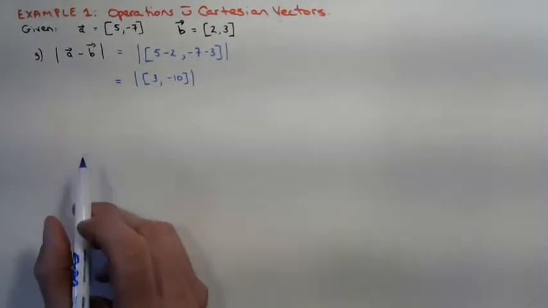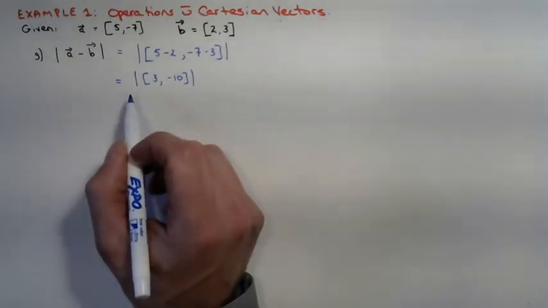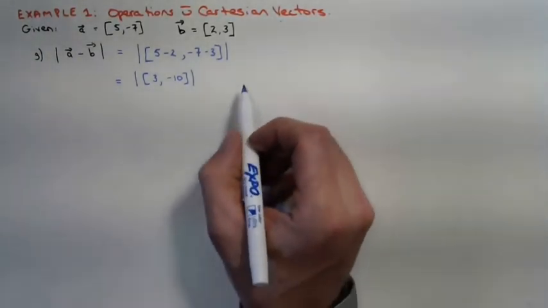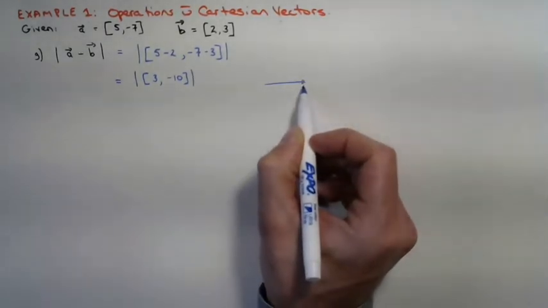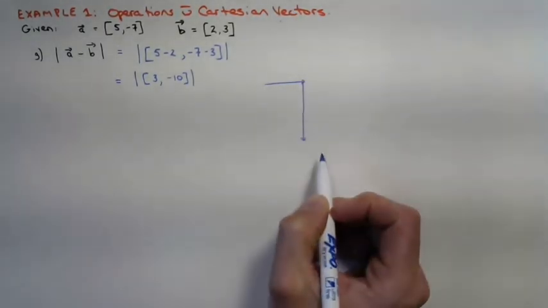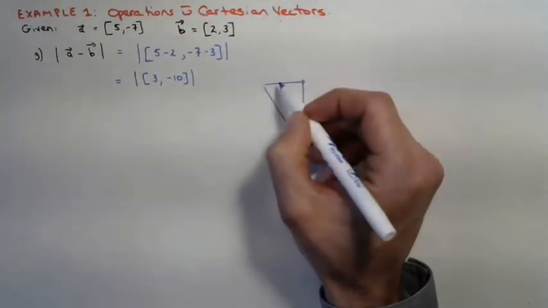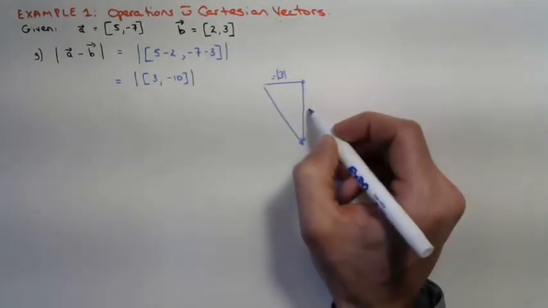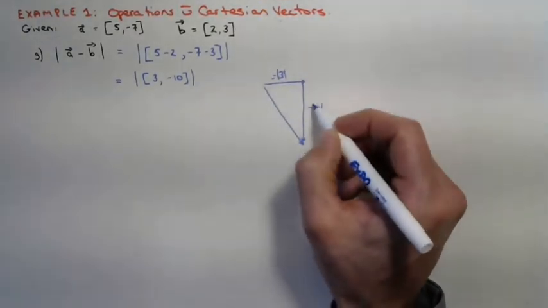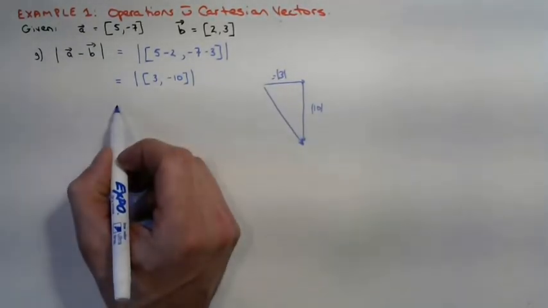To get the magnitude of that vector, again, we could picture it. We're going 3 to the right and then 10 down. So we're looking for the resultant of the horizontal component of magnitude 3 and a vertical component of magnitude 10. We don't care if it's positive or negative; it's going to come out in the wash.